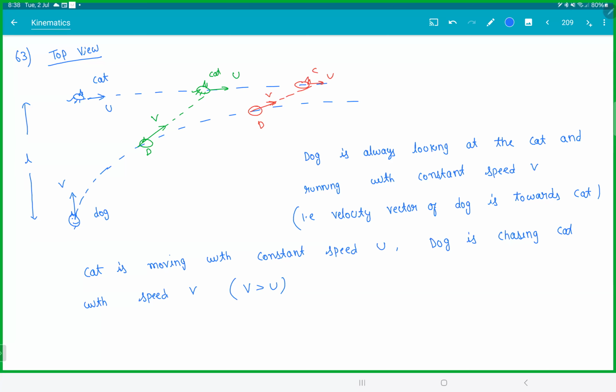Meaning, the dog's speed is greater than the cat's. So definitely the dog is going to catch the cat. The question is, find the time when the dog catches the cat. This is from a top view. All the speeds are constant. So eventually, the cat and the dog will meet somewhere here.